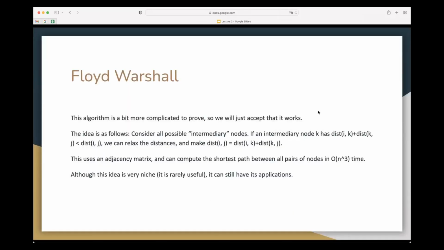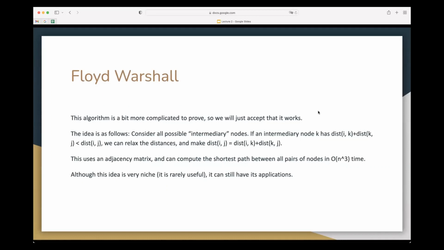So let's say you have a path from I to J, right? And you want to consider essentially all intermediary nodes. So if you've already constructed a partial path from I to K and a partial path from K to J, then we can combine those two partial paths and create a path from I to J. So that's essentially the idea.